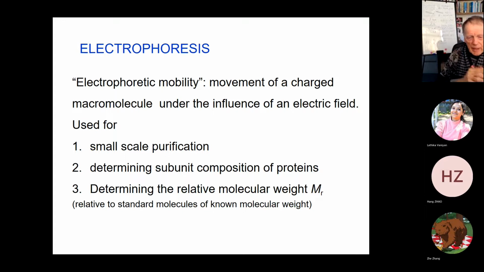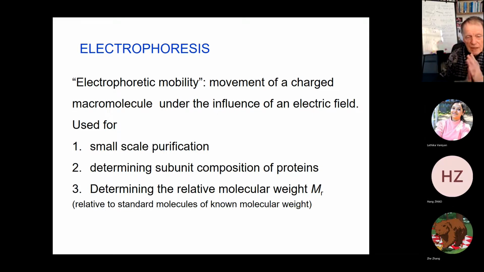But also, if you have amino acids like aspartic acid, glutamic acid present, they give a negative charge, or lysine, arginine, histidine, they give a positive charge.